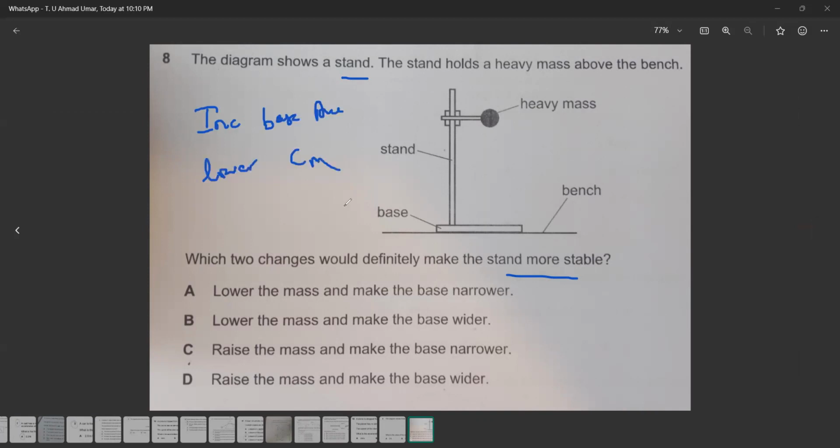These are the two things. So lower the center of mass and make the base wider. Lowering the center of mass and making the base wider increases the stability. Like it will be stable in this manner. It won't topple.